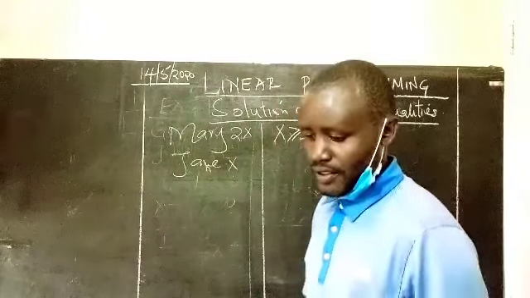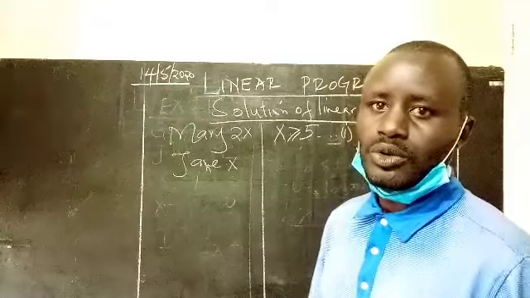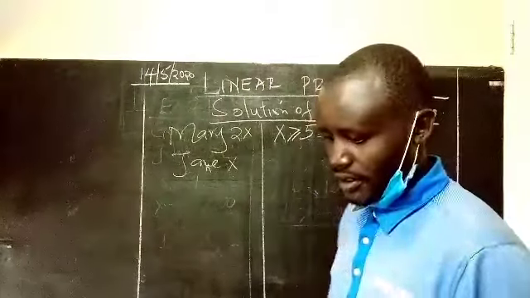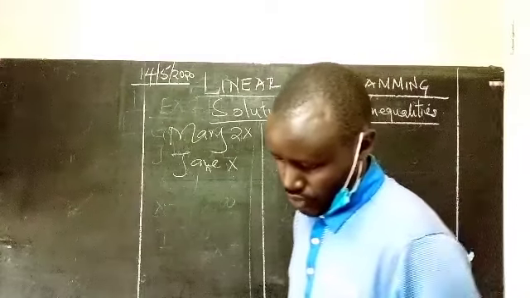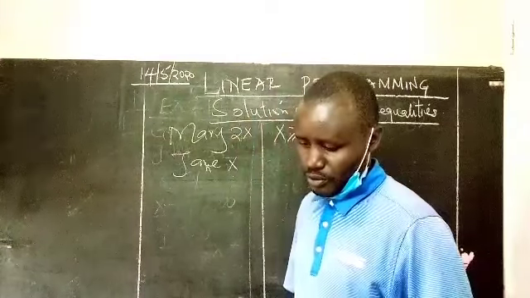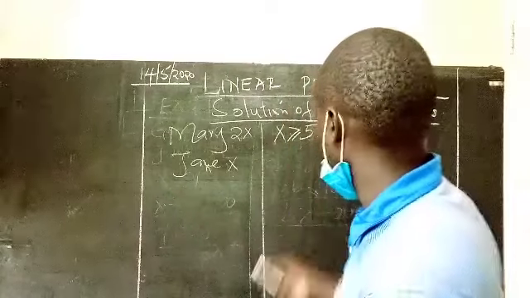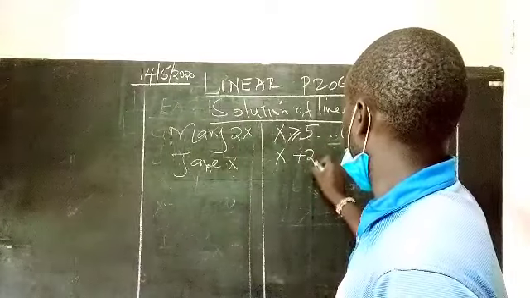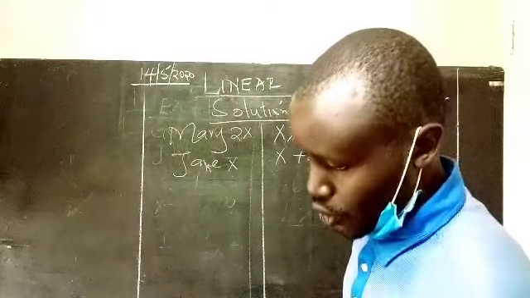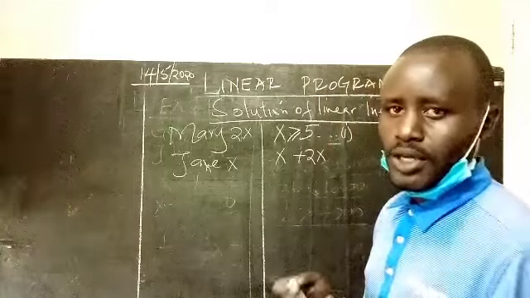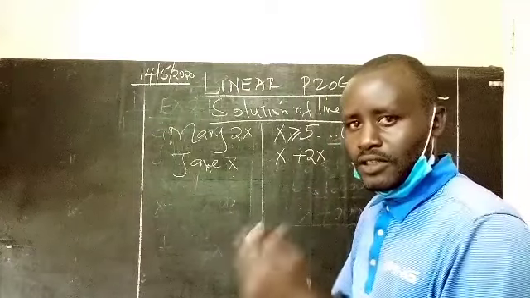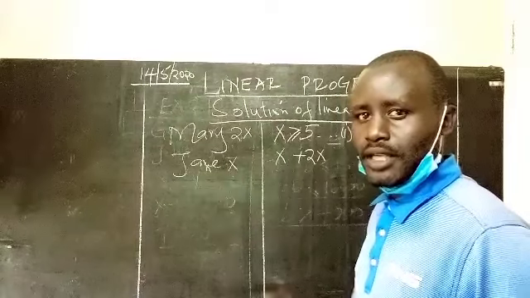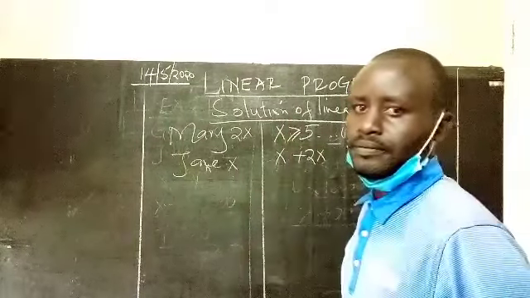The second inequality we are going to get is about the sum of the two sisters. We are told that the sum of their ages is not more than 30 years. Meaning, if we add Jane's age and Mary's age, it is not more than 30. It is either 30 years of age, or 29, or 28, or 27, or 26, as long as it is not more than 30.